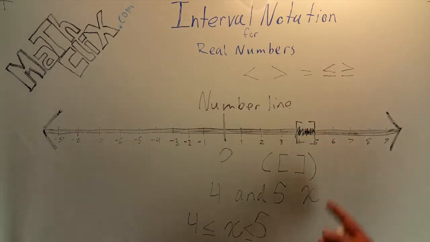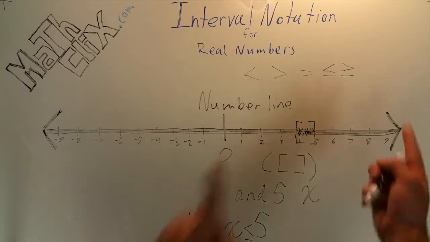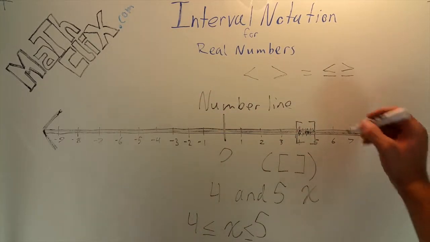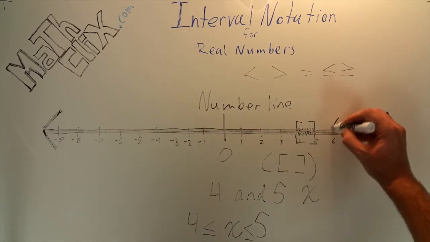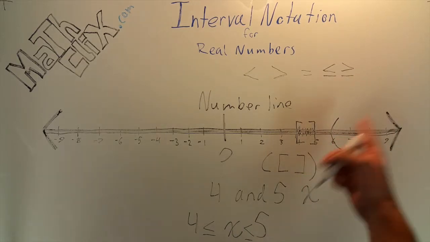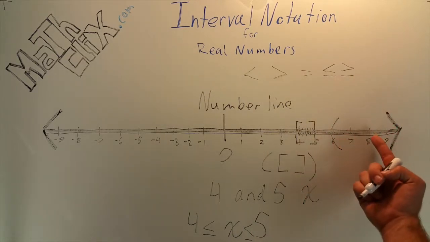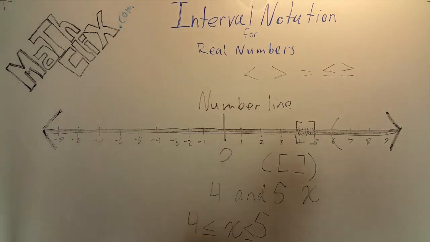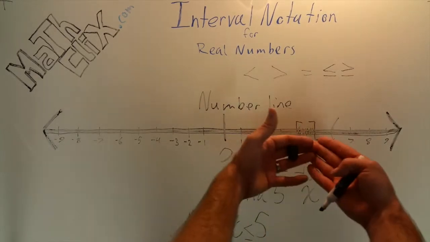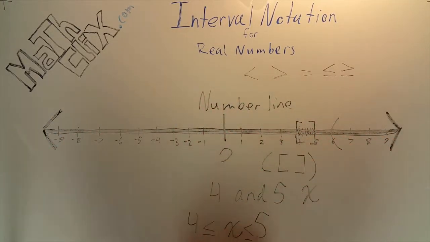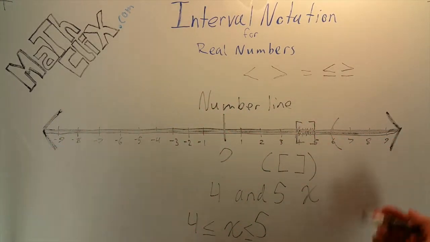Well, what if we wanted just everything greater than 6? Not including 6, just greater than. Well, we would just have this symbol. And we wouldn't have another one elsewhere. How do we write that down? Similar to over here, if we wanted to not show it picture-wise, we would show it number-wise.